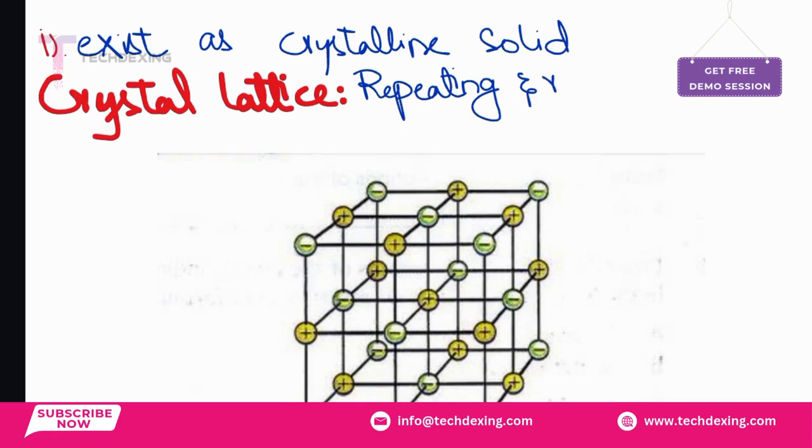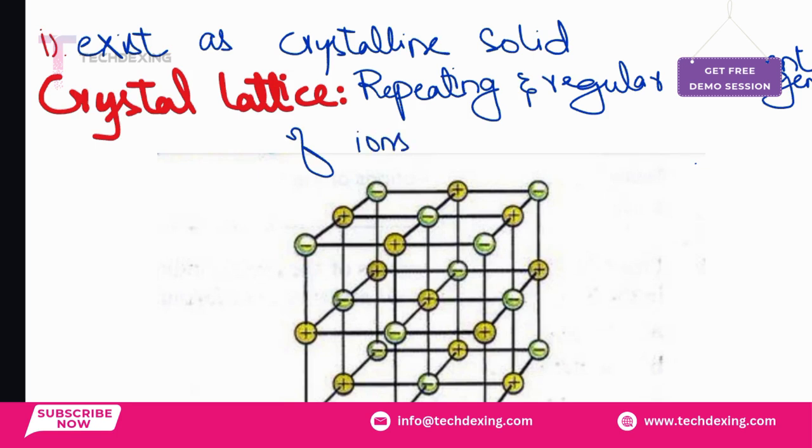So crystal lattice is basically a structure that is formed by the repeating and regular arrangement of the particles in the three-dimensional space. So we can say repeating and regular arrangement of ions, because in the case of ionic compounds the particles are ions.